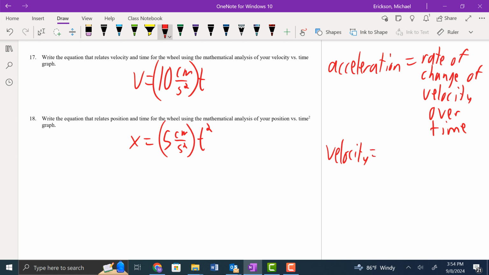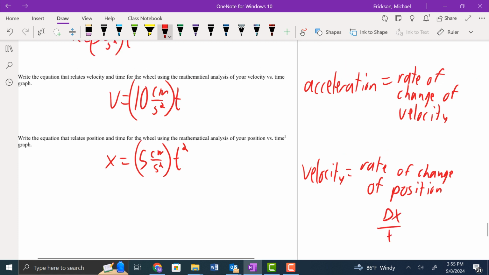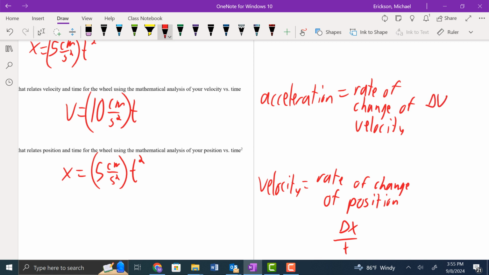Velocity is the rate of change of position. And actually, I'm not even going to include over time. Whenever you see rate of change, that means per time. So if I say rate of change of position is delta x over t, acceleration is delta v over t.